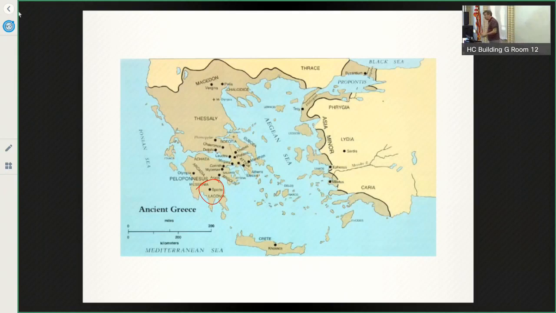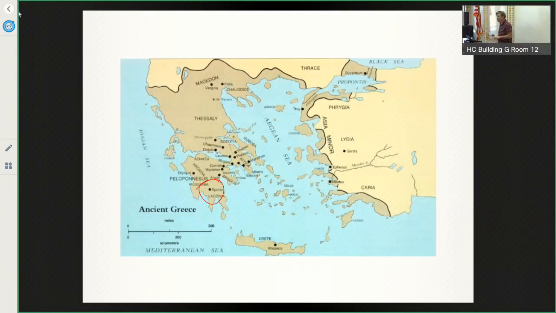So by the time you reach maturity, you are going to be one heck of a soldier. And every Spartan man, that is his only occupation. As a matter of fact, when infants are born, infants that are weak or sickly are simply killed because Sparta has no tolerance for the weak or the infirm.